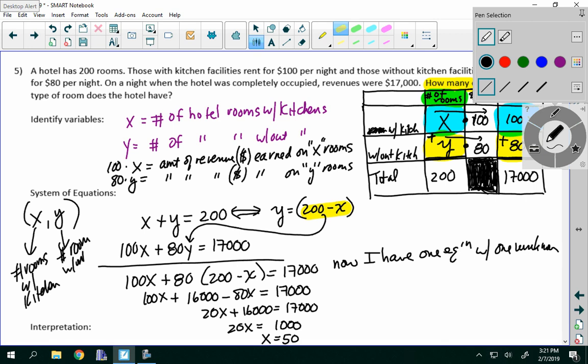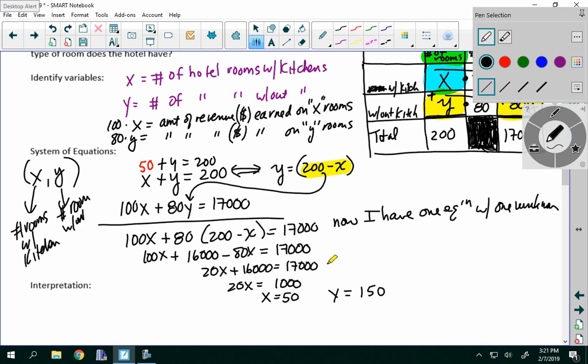So if I come back up here and look at one of my original equations, and I substitute 50 for x, I see that 50 plus y is 200, so y is 200 minus 50, so y is the number 150.